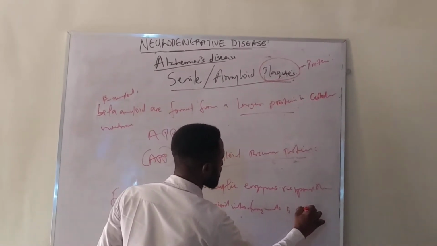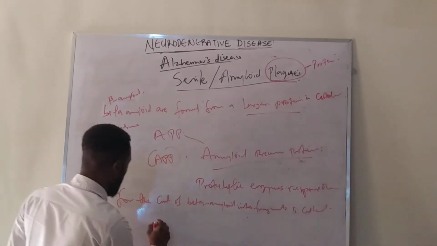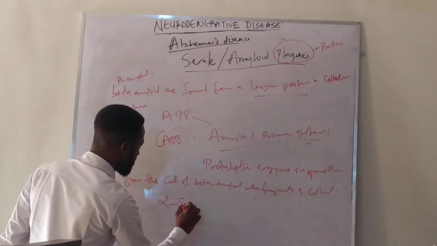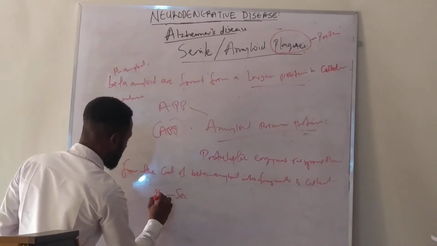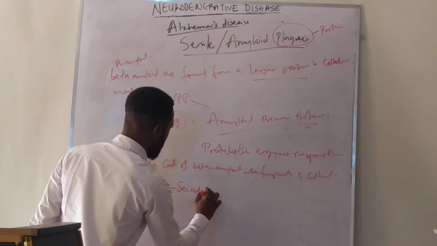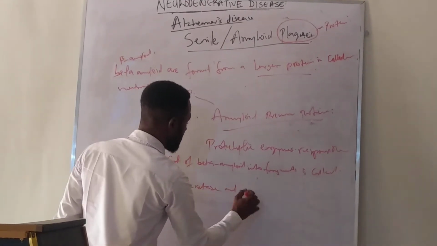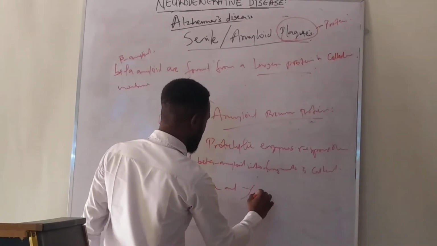You have basically the alpha secretase, the beta secretase, and the gamma secretase.